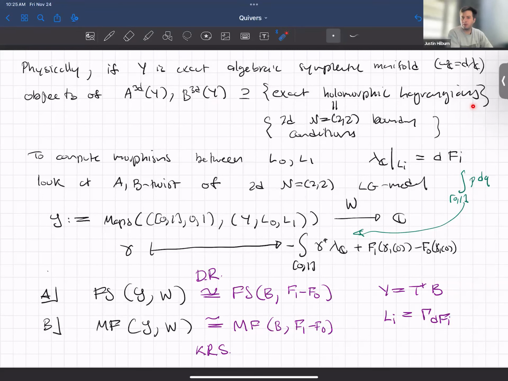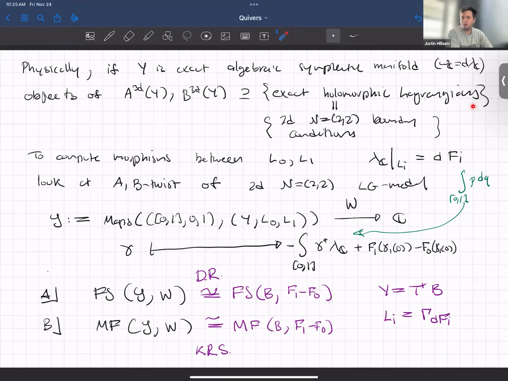And I have my Liouville form. Now I want to rewrite this as maps from R2, let me say this interval was 0, 1, times R2. So I want to rewrite this as maps from the interval into T star C. In order to recover my 3D N=4 equations of motion, I'm not going to want to just study a 2D theory into this mapping space.